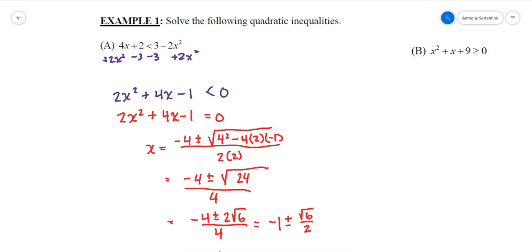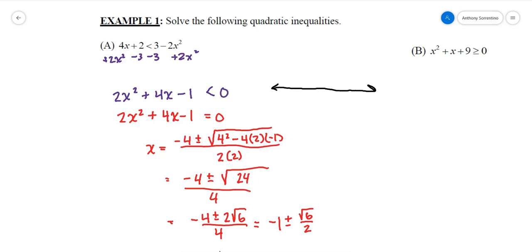Those are my two zeros. They're irrational. Not as easy to graph on a number line, but I could work with that. The calculator can certainly assist me in some ways with this, or just having a little bit of math knowledge could help me with this. But those are my two zeros. So I'm going to set up a number line because I've got to now solve my inequality.